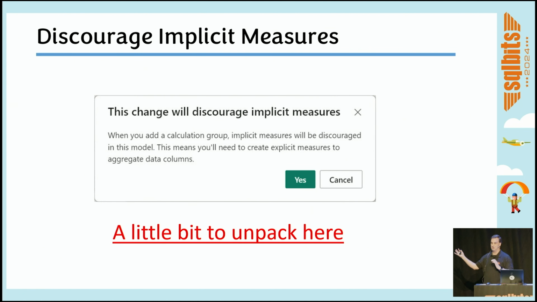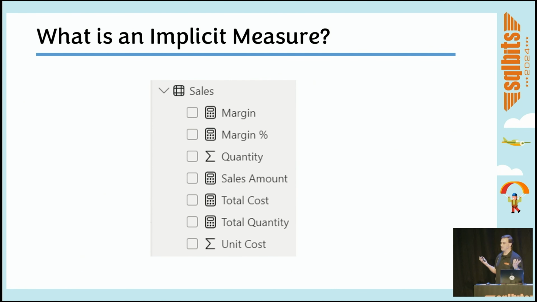I don't know what this means. It's giving me almost a warning. If you enable this, it will discourage implicit measures. That's a lot for someone to unpack if you're just trying to, I just want to use this feature. So first of all, what's an implicit measure?